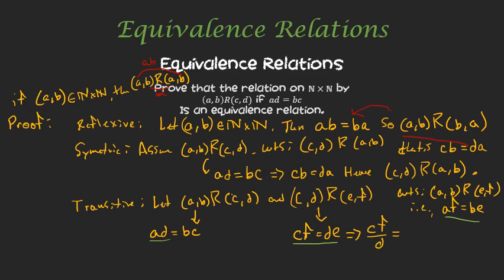CF over E is equal to D. And so now I'll take that D and plug it in for D over here. So together, AD is A times CF over E, which is also equal to BC.